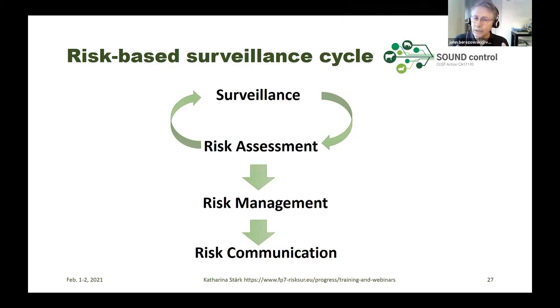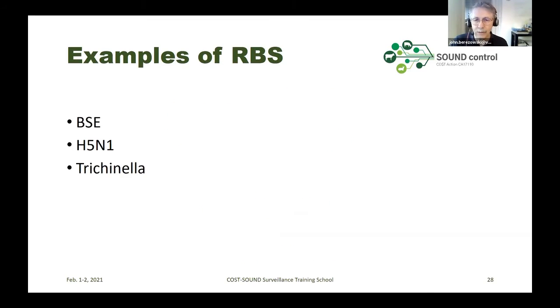Because if we focus our surveillance on those parts of the population, we expect to get higher prevalence there. And if we use that then to feed back into the design of our surveillance system, we'll end up with a surveillance system where we're just sampling on those few areas, and we will miss any cases that might occur in any other parts of the country. So if we do that in a cyclical process, our surveillance will become more and more focused and narrower and narrower.